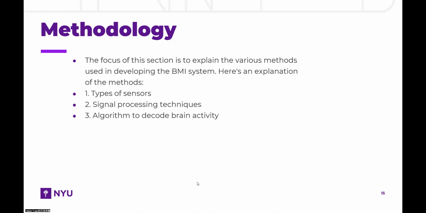The first one is types of sensors. This part illustrates the types of sensors used to capture brain signals, including EEG, which measures electrical activity in the scalp, where the electrodes are placed directly on the surface of the brain, or functional magnetic resonance imaging, which measures blood flow changes to infer brain activity.